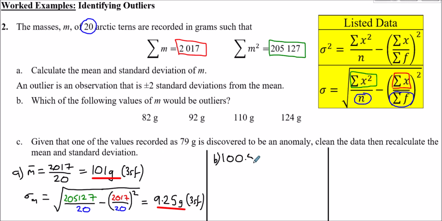So I'm not using the rounded mean, I'm using the exact figure to make sure I don't incur any rounding error in my calculation. So it's going to be that plus or minus 2 lots of the standard deviation. The standard deviation given to a bit more accuracy was 9.2535.